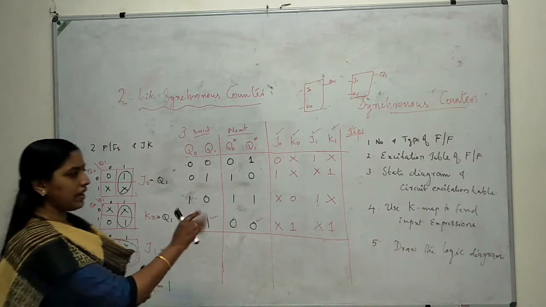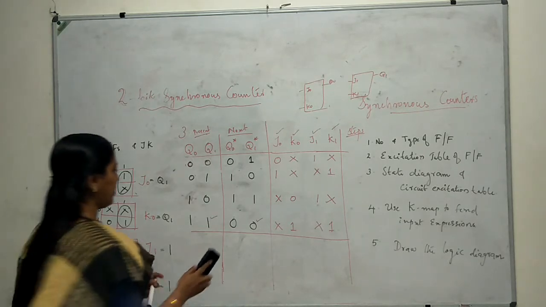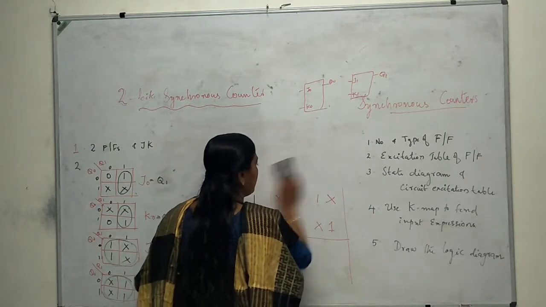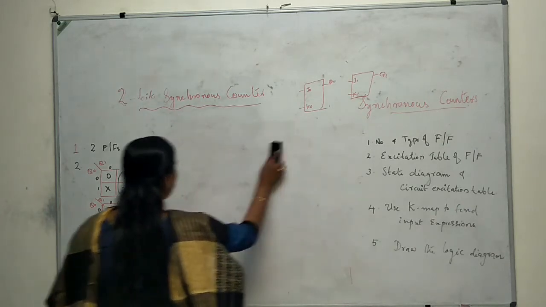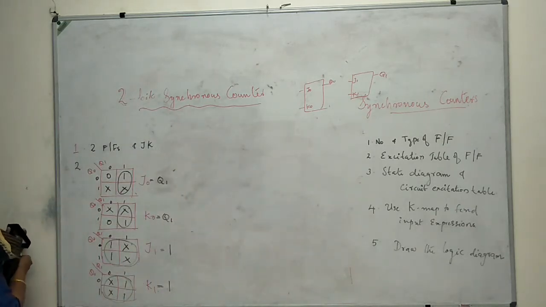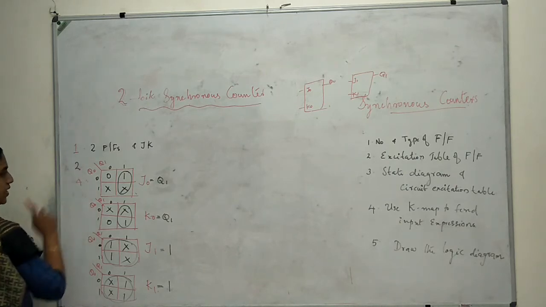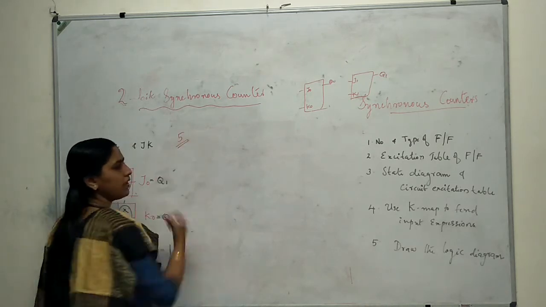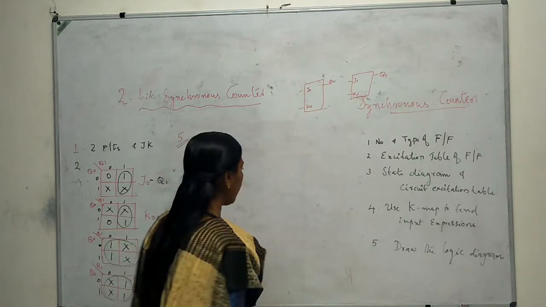Right? So now I am going to wrap this. Okay, so this was our fourth step. The simplification was our fourth step. Now we are going to our fifth step. The fifth step is to draw the logic diagram for this particular counter.